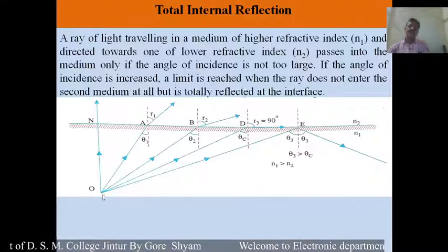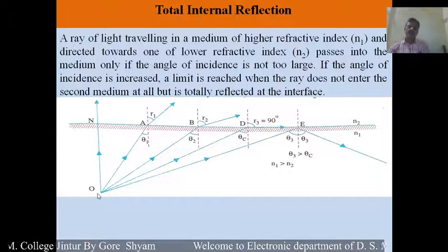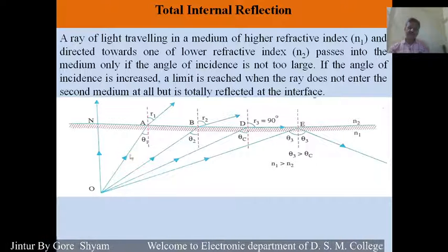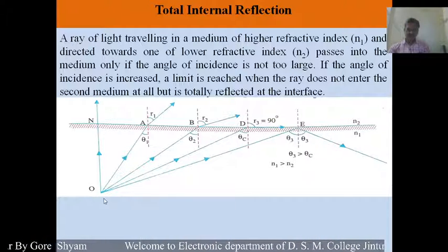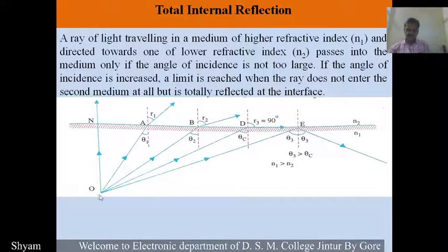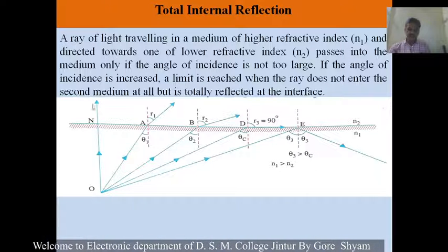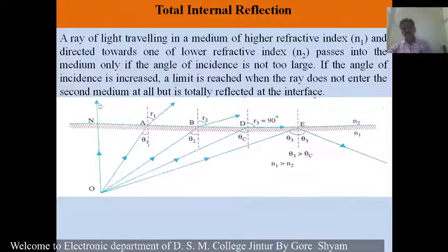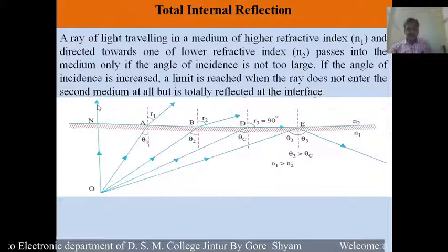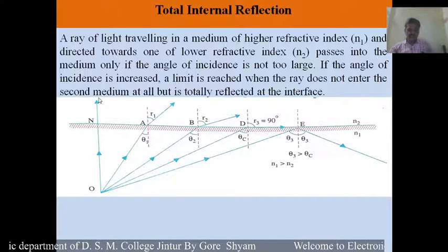Now suppose this is the source of light, and different rays emerge from this source. This is the ray which is normal to both media, and here the light ray travels in the same direction from one medium to the other medium.